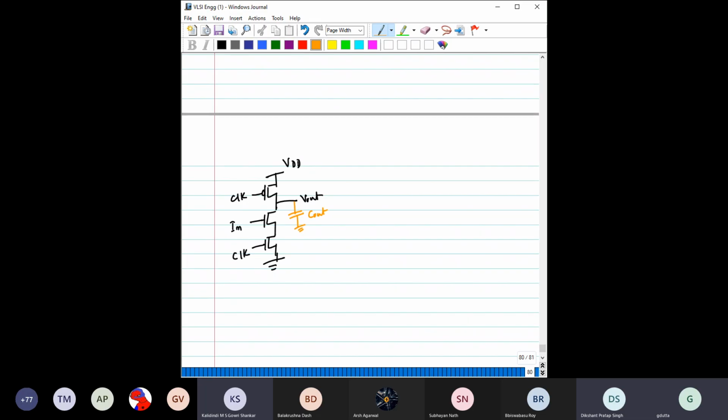But now let us understand how this circuit operates. The circuit operation. I request you to please read this operation in great detail from Rabaey's book, chapter number 6, because I cannot write all the small things here.